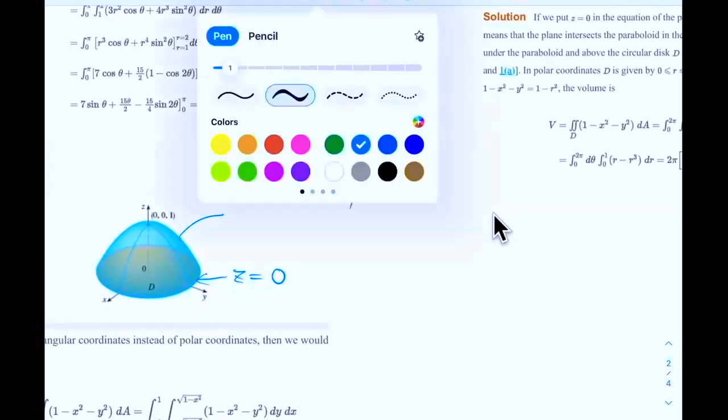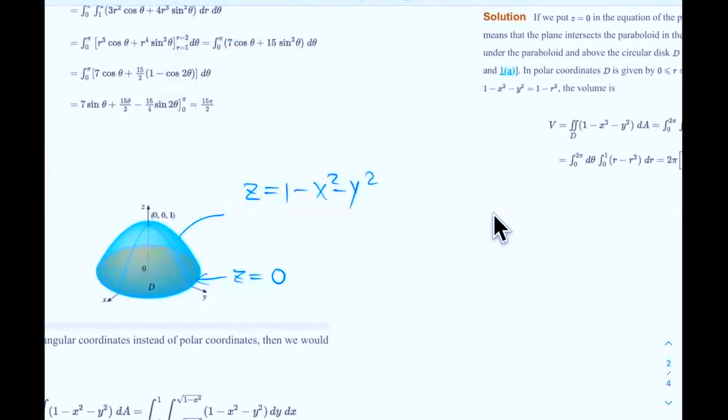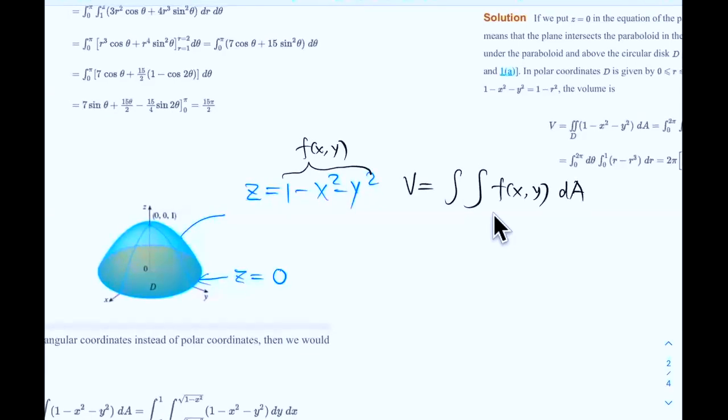Let's try to do it without looking at the book, okay? So the volume over here is the double integral of this function, right? This is a function that we have. Let's just write it down. Function over which region? Over this region D, right? This region down on this plane, over this region D. So that is the volume of that solid.